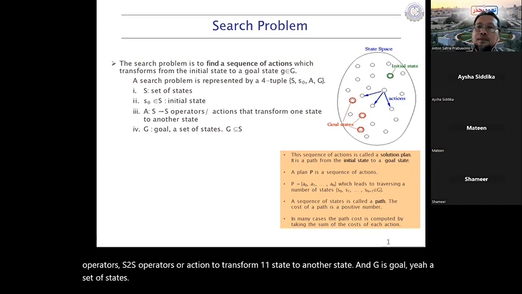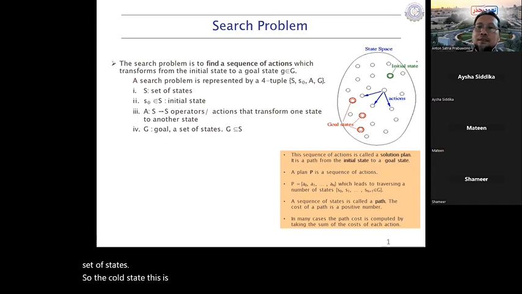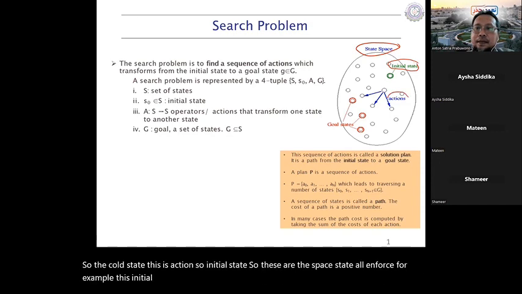So these are the state space, the initial state, the action and the goal state.